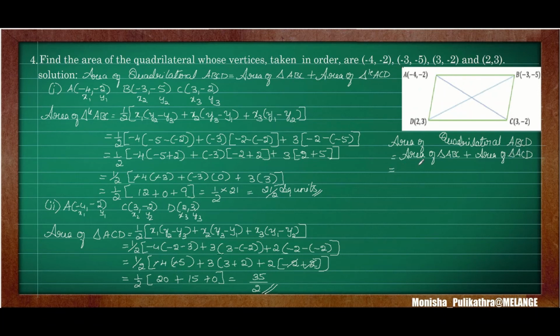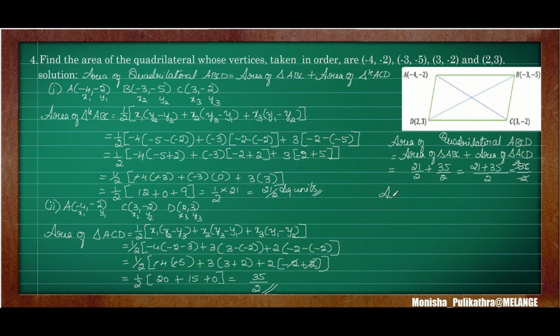Okay, so area of triangle ABC is 21 by 2 and area of triangle ACD is 35 by 2. So here LCM is same, 2 here. If the denominator and LCM is same, then the numerator will be written as it is. So it is 56 by 2. So 2 2s are 4, 2 8s are 16.